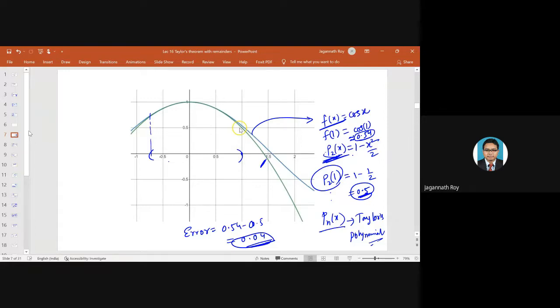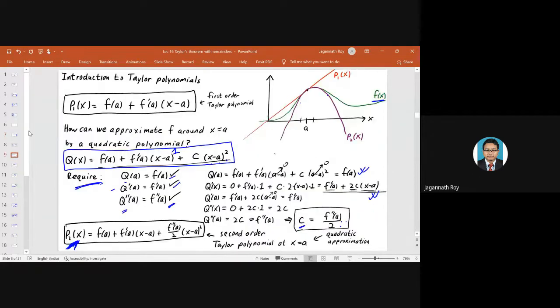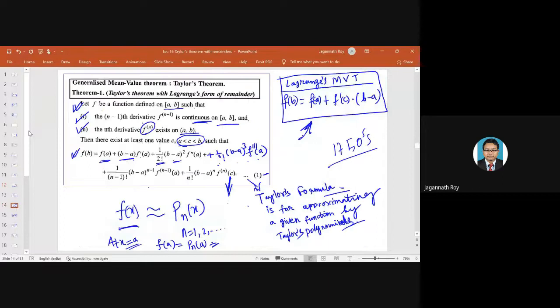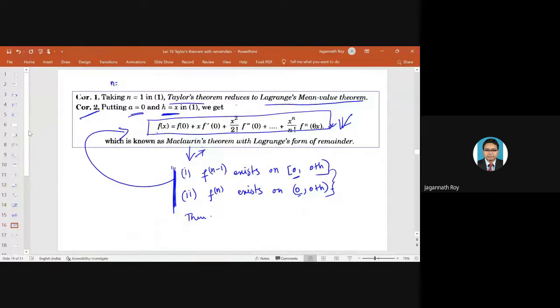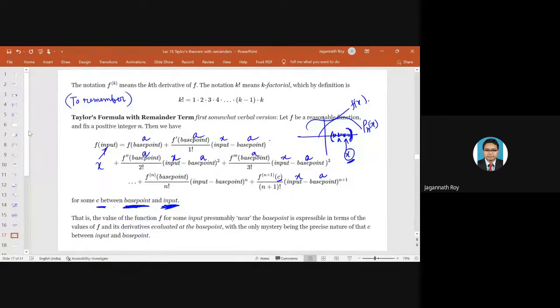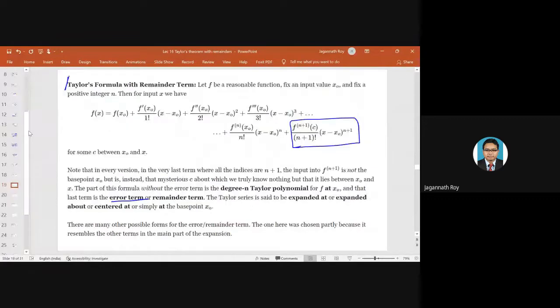This remainder term that we have seen is actually related to the error function because we are trying to approximate. We are not getting the exact value, but if we get some approximate value also, sometimes we will be happy because exact value will not be available to find out always. So this remainder term is actually associated to the error while doing the approximation.